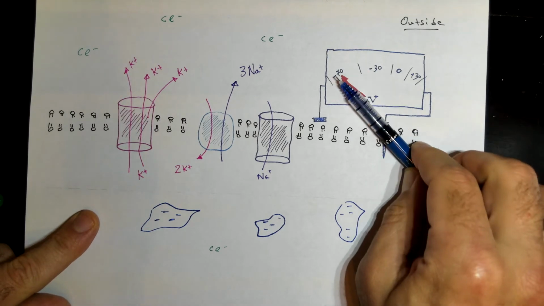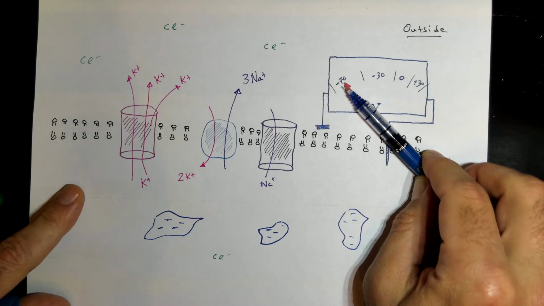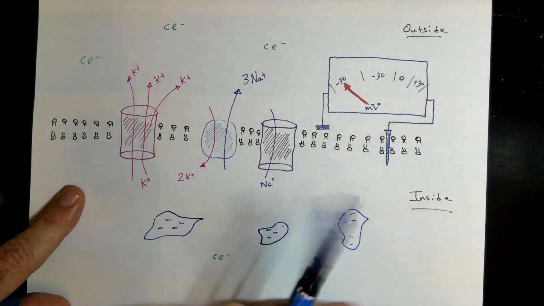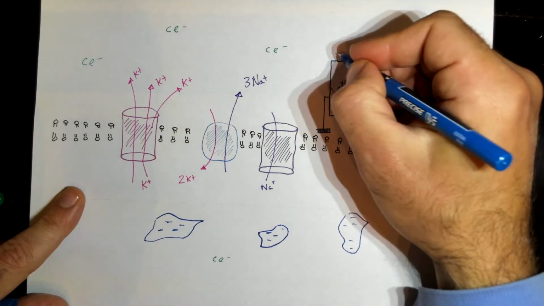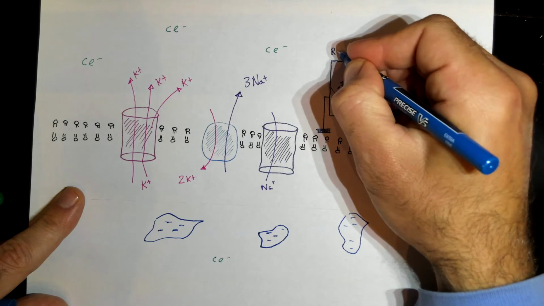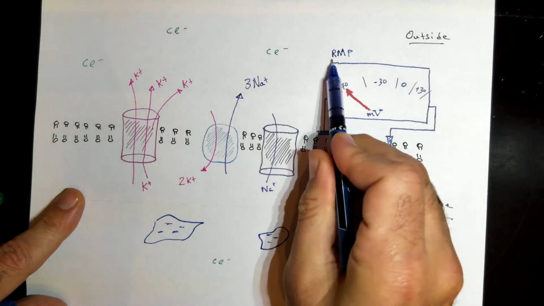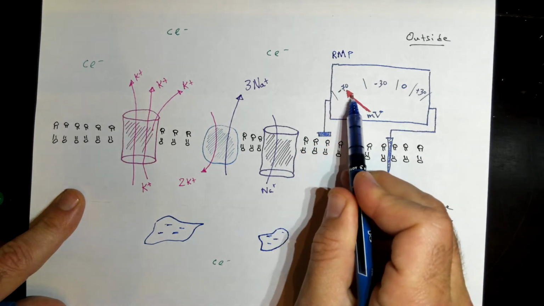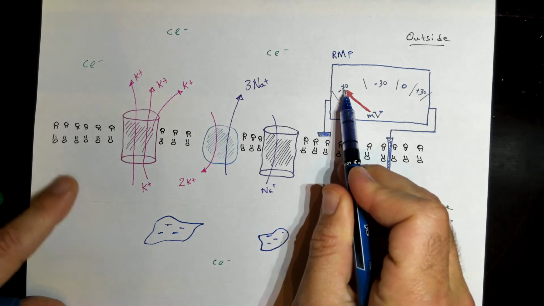Now, this negative 70 value is a value that you should memorize. This is a very important number to memorize, this negative 70 millivolts. This is known as the resting membrane potential, or RMP. Resting membrane potential is negative 70 for most neurons on average.